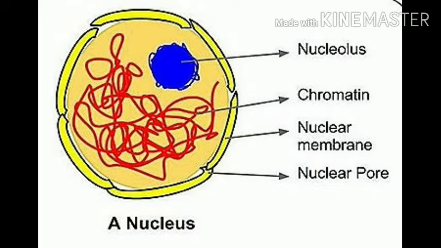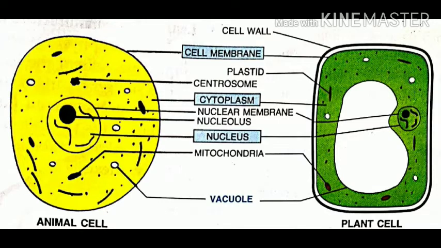The total number of chromosomes is definite in each species, such as every cell of human body has 46 chromosomes which occur in 23 pairs. This is the basic structure of plant cell and animal cell. You can see the three main parts of the cell, which are cell membrane, cytoplasm, and nucleus.